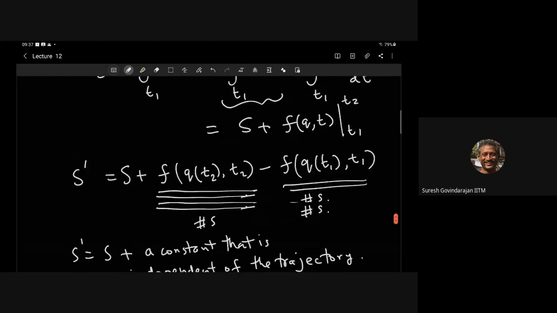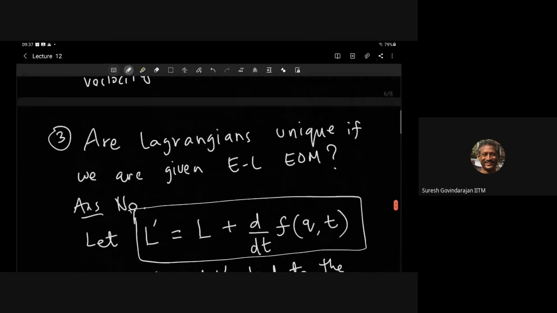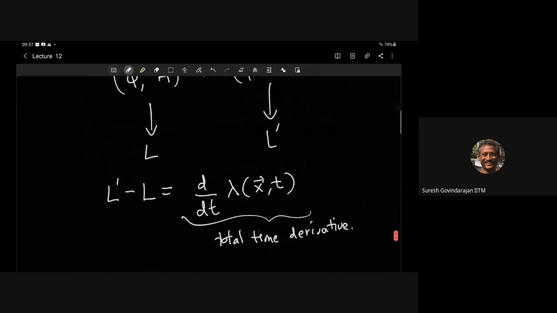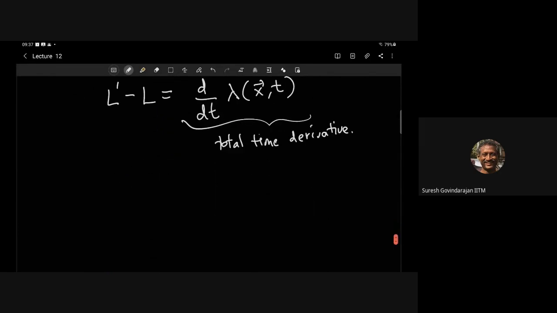Okay, and you'll also start seeing that if this function has q dot, one more d by dt of it will give you a q double dot. So it takes you out of the Lagrangian setting which we assumed. Okay, so this is the third point which I wanted to emphasize.